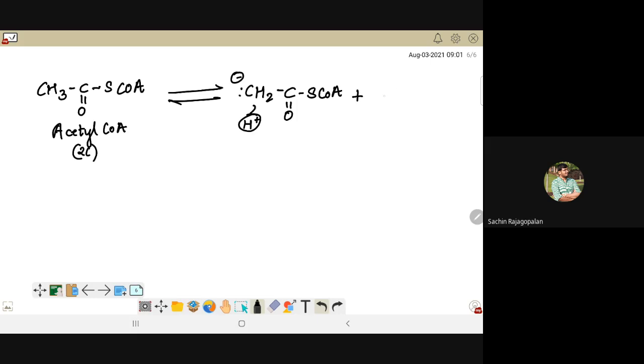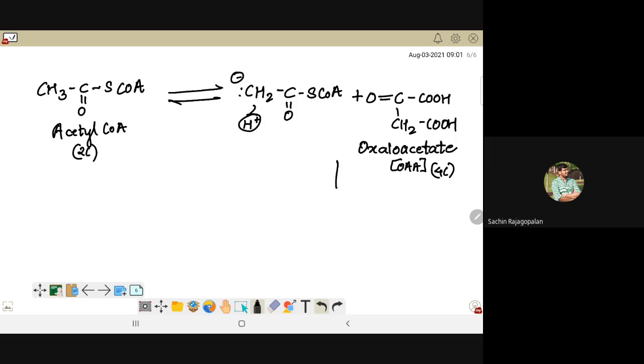And this will fuse with a 4 carbon compound, very popularly referred to as OAA, which is the abbreviation, that is oxaloacetic acid or oxaloacetate. So this 4-carbon compound OAA will fuse with acetyl CoA, okay, and that will give rise to a 6-carbon compound.